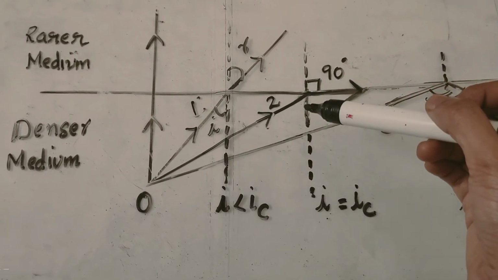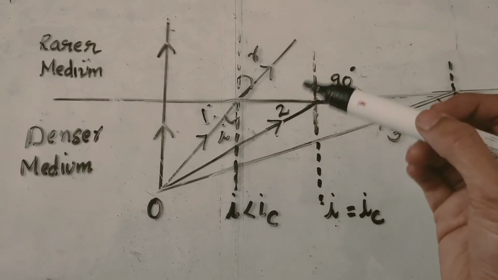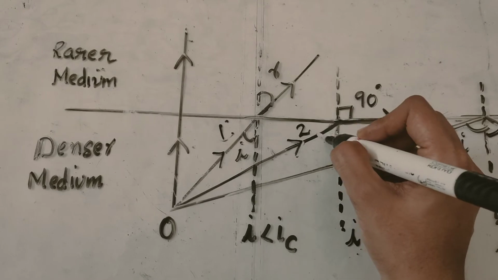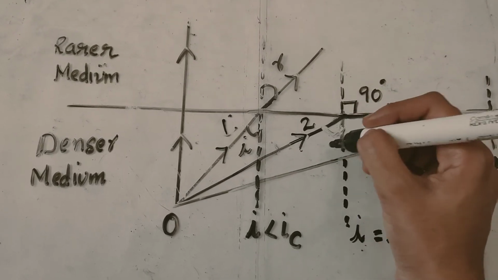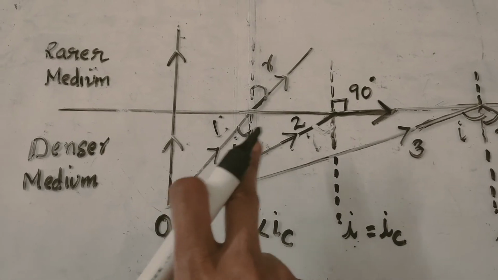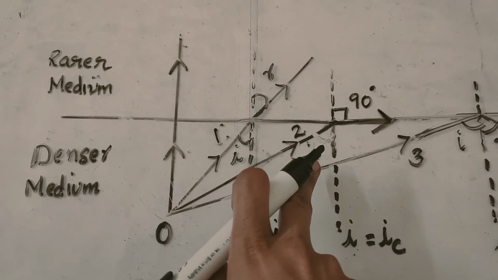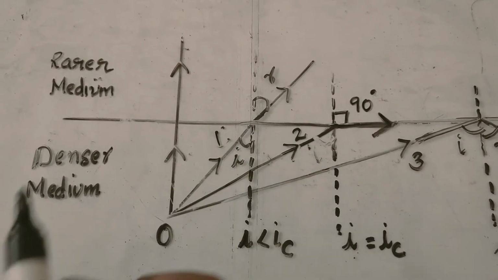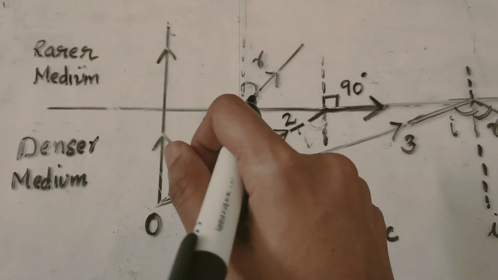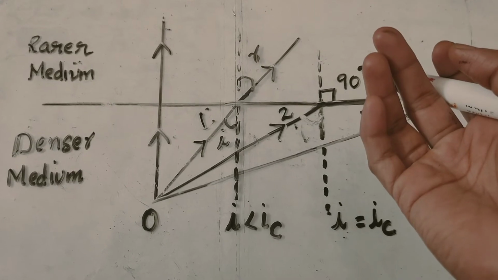Then consider the second incident ray. This is the angle of incidence, and this angle of incidence is greater than the previous one. That is, the angle of incidence is increased.